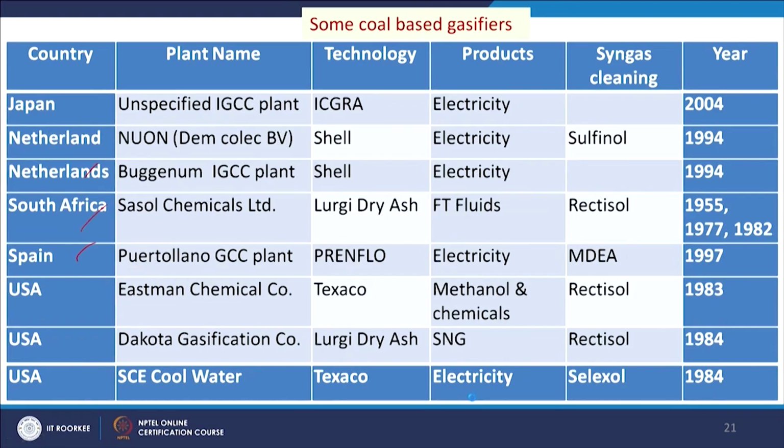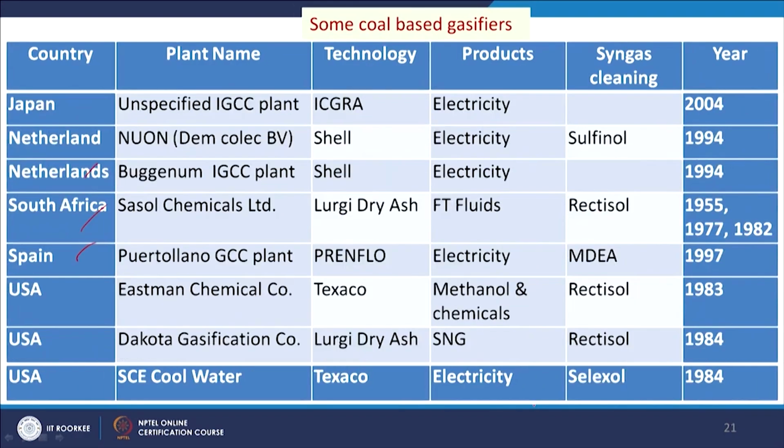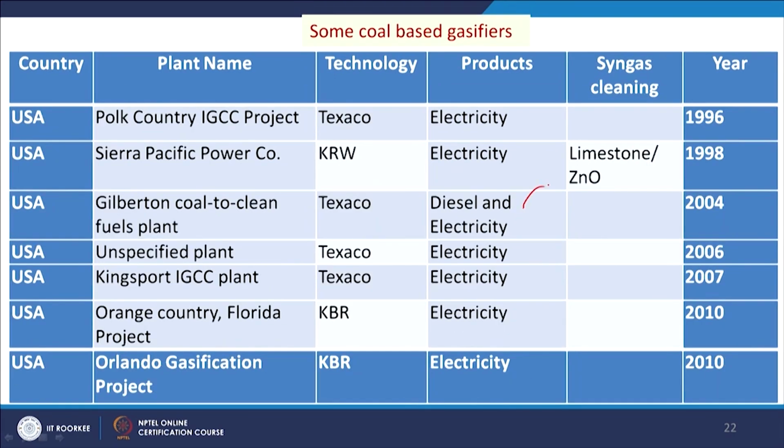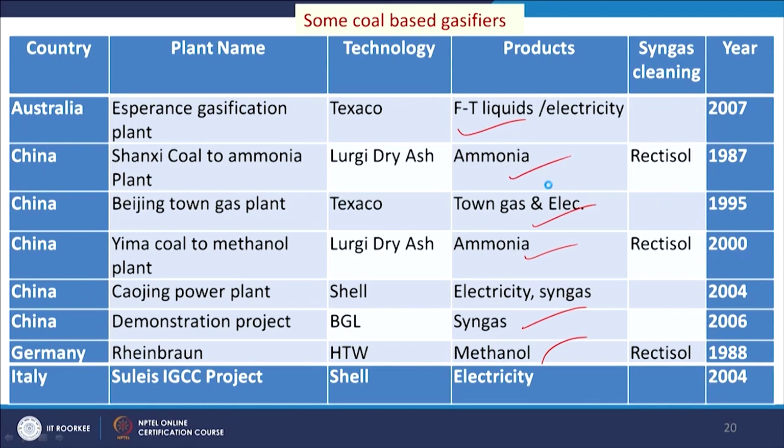Somewhere we are getting FT fluids and electricity, some ammonia, some town gas and electricity, some ammonia, again some syngas, some methanol. Then some produce FT fluids and methanol and chemicals and SNG and then electricity. Some diesel and electricity is also produced by some plants.